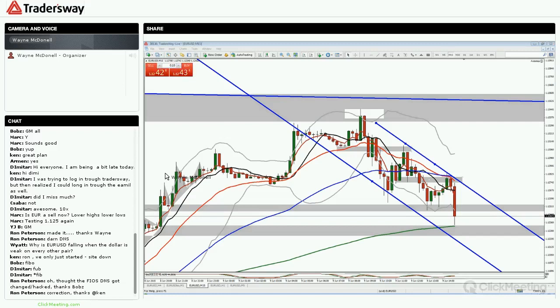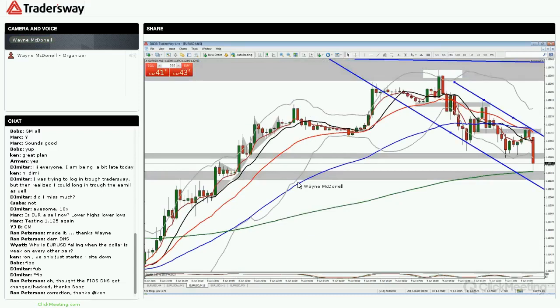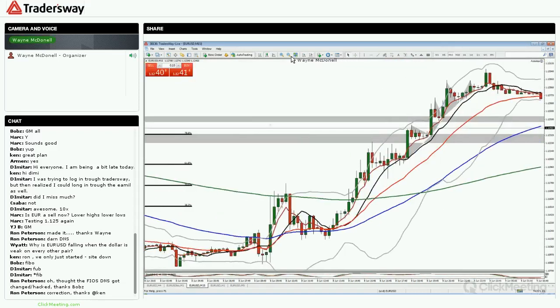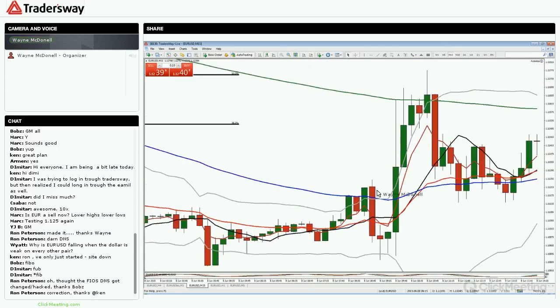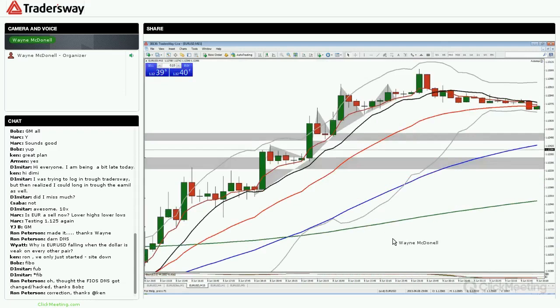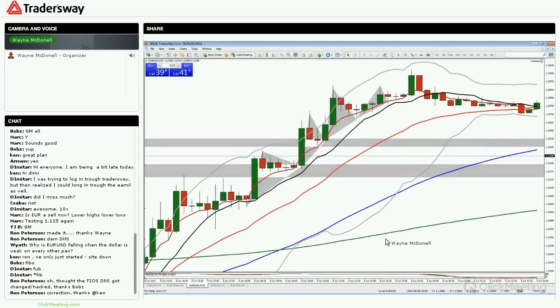Okay. I'll show you what I was doing yesterday. Where is it? See what I was doing here? Let's zoom in. Oops. Where is it? There it is. This is how I was drawing it yesterday. Higher high, higher low, gone.